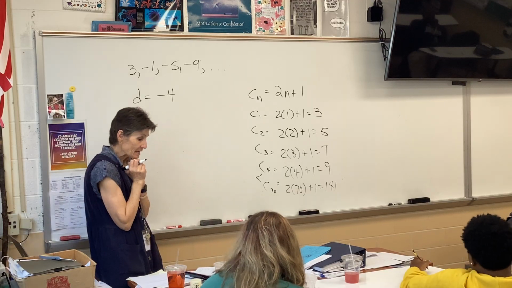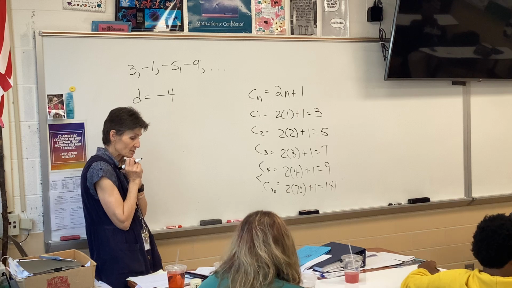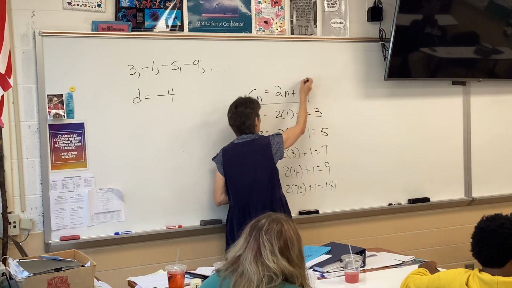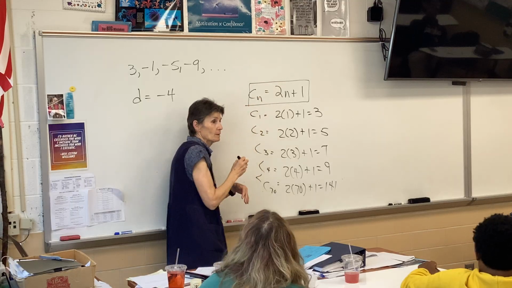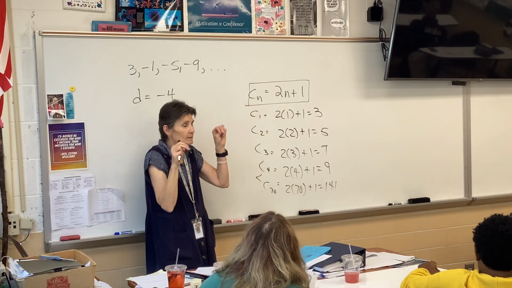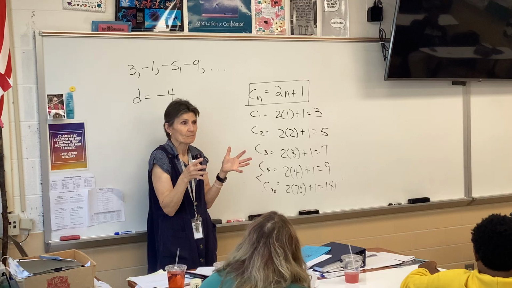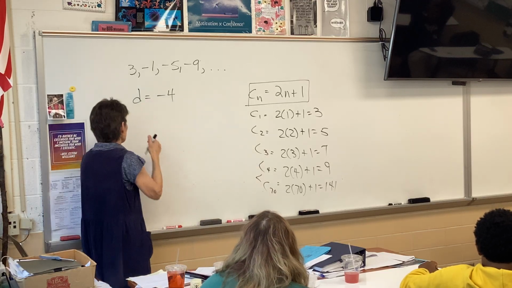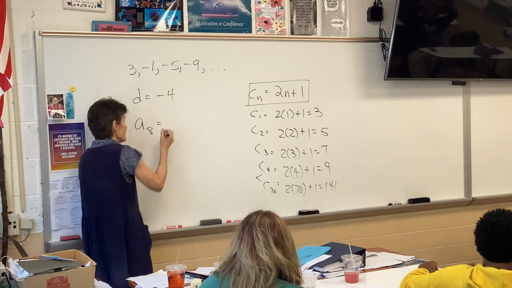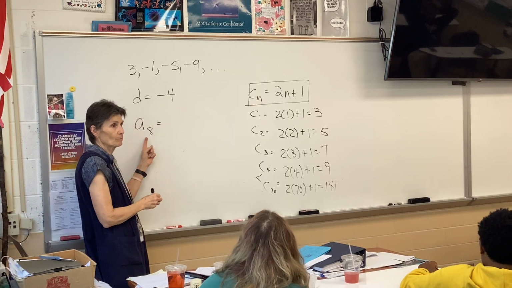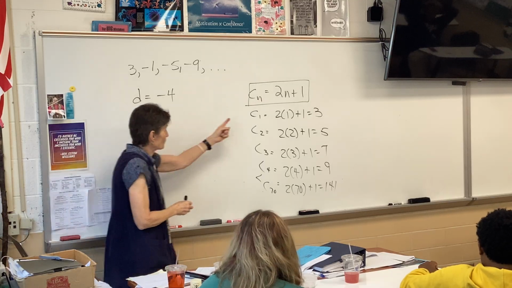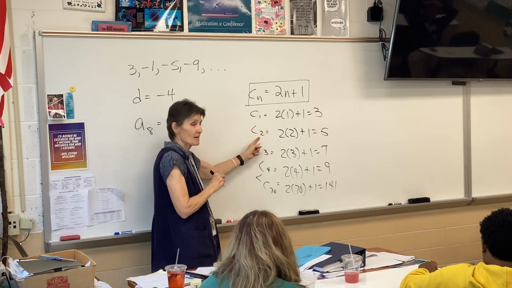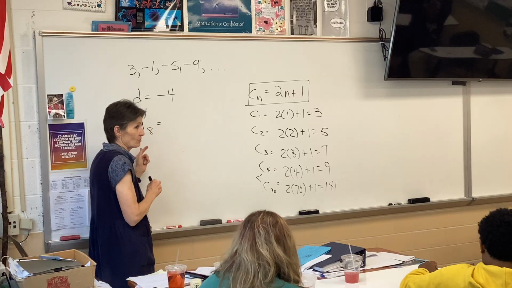Now I gotta find the 8th term and the explicit rule for the nth term. This is what we call an explicit rule. So the formula is the explicit rule. Okay? But first we have to find the 8th term. This means the 8th term. Remember, this meant the first term. Plug in 1. This meant the second term. I need to find the 8th term.